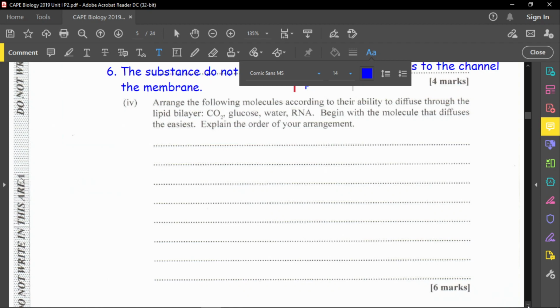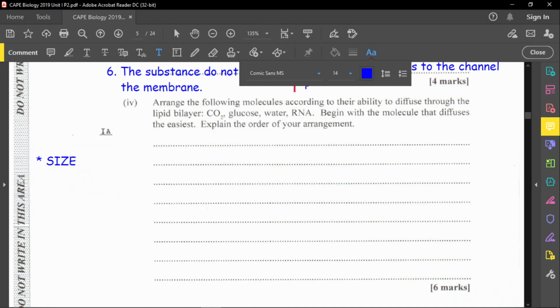What I'm going to do is give you the arrangement first, and then jump into why one will diffuse faster than the other. But before I go into that, let me talk about it right here. There are three general things that cause substances to diffuse faster across a membrane. It's based upon size. Size is important.